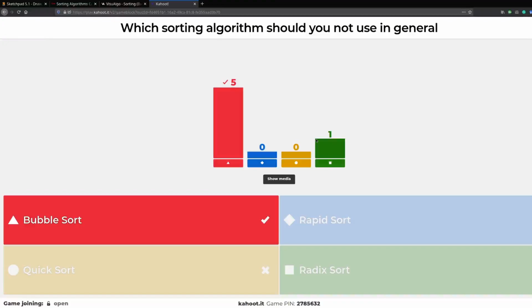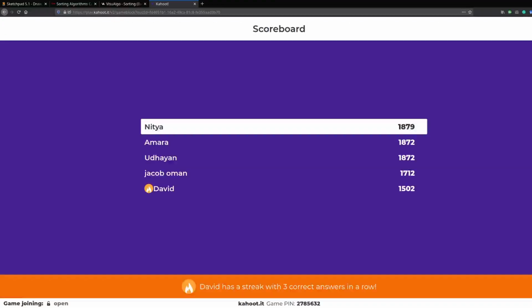So this is why it's very important that you learn not to use it. Radix sort is actually a very fast one. It's kind of weird, so I didn't go over this. It's really mathematically intensive, but radix sort is still a good one to do. So who's in the lead now? We got Mara. Mara's in the lead.